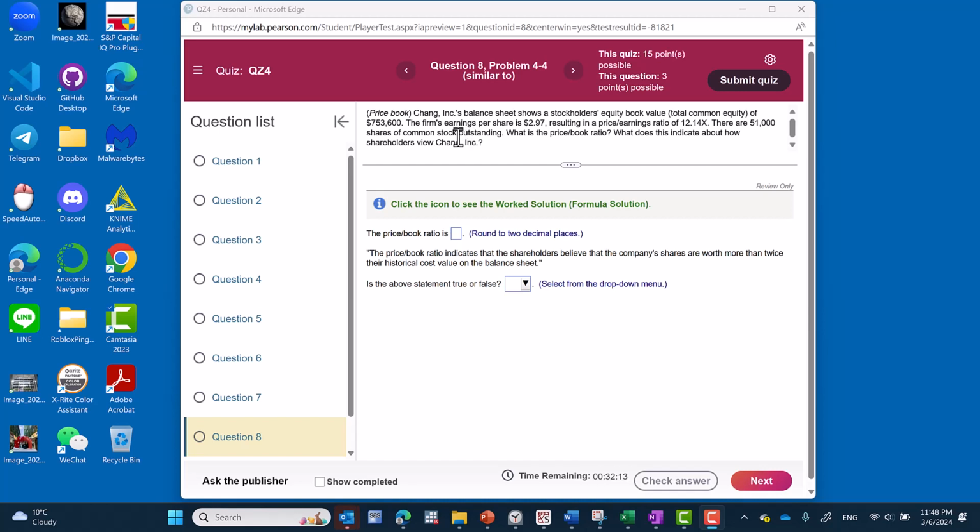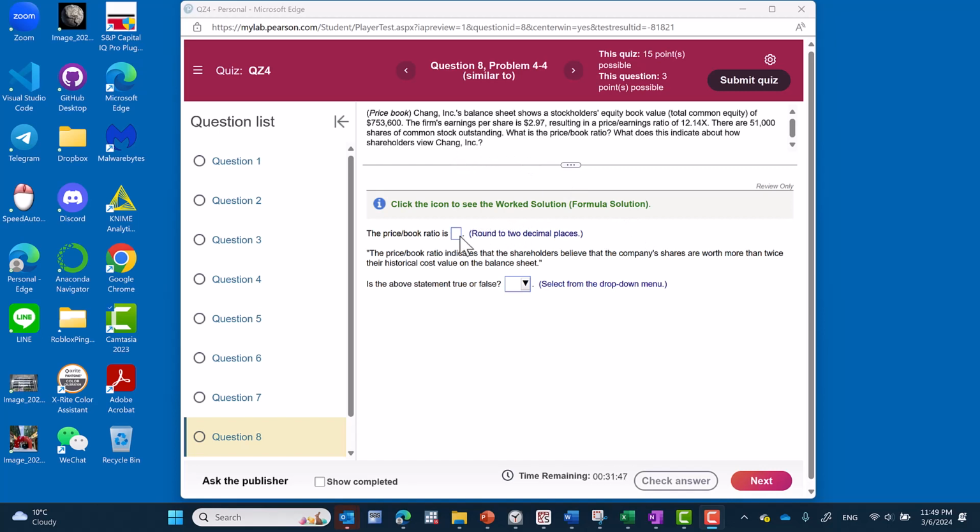The firm's earnings per share is $2.97, resulting in a price-earnings ratio of 12.14. There are 51,000 shares of common stock outstanding. What is the price-book ratio? And what does this indicate about how shareholders view Chang Incorporation?